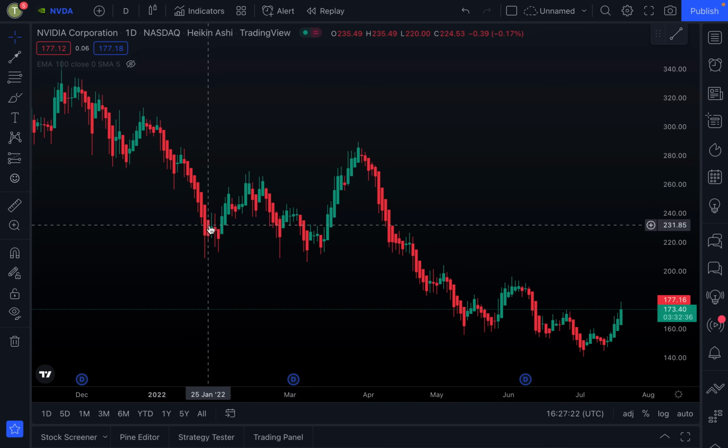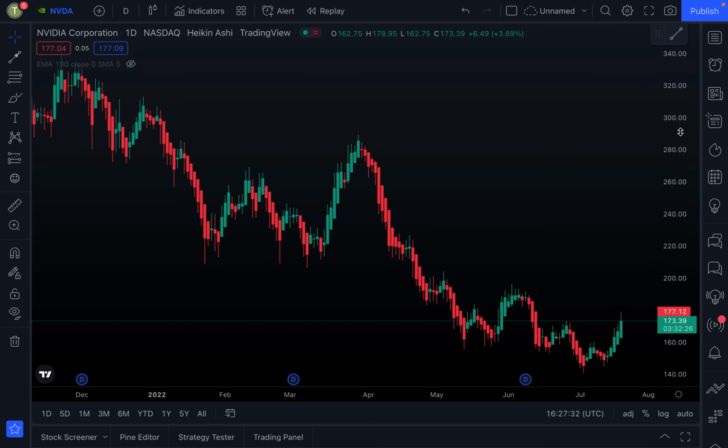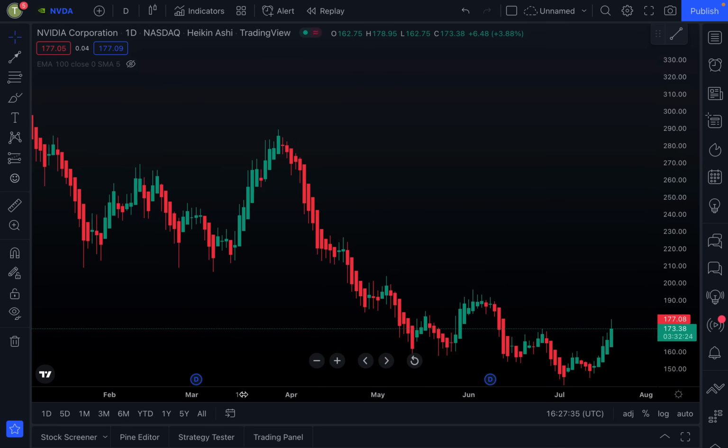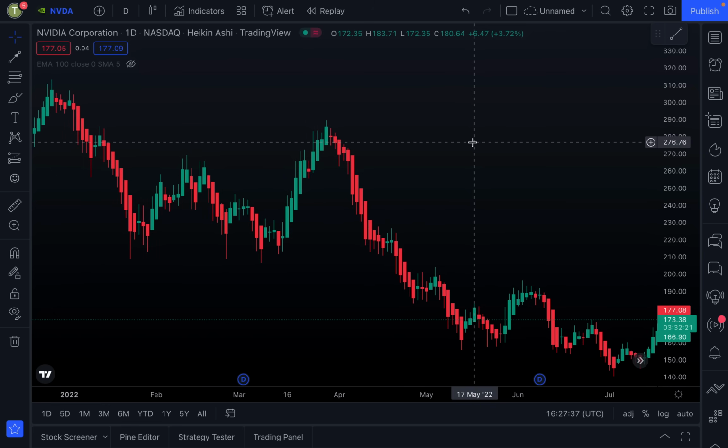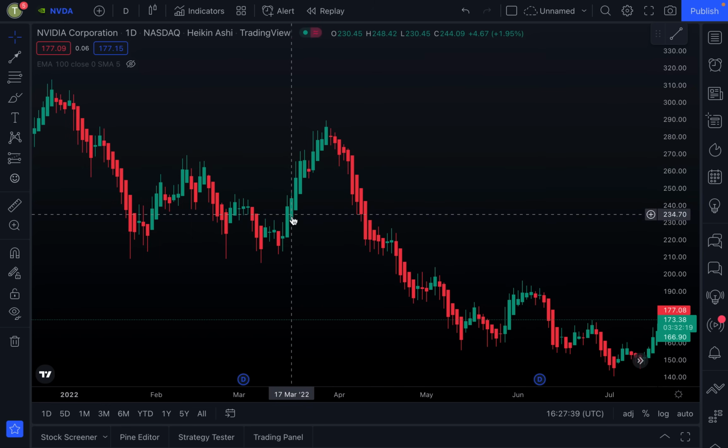Now the next thing I want to talk about is how these candles are calculated. I'm not going to spend a whole lot of time on it, but I do just want to quickly mention it here guys. Let's take a look at one of these candles and talk about how it is calculated. First of all, how is the open calculated?